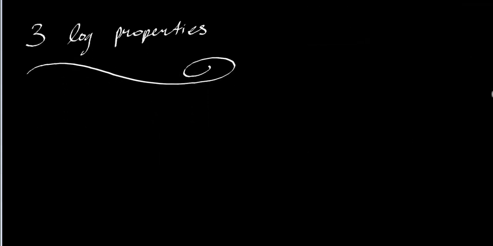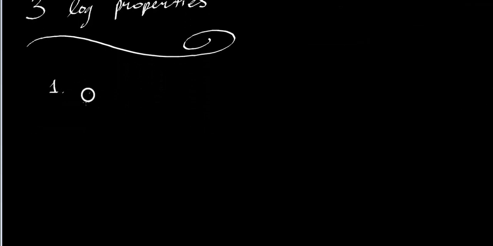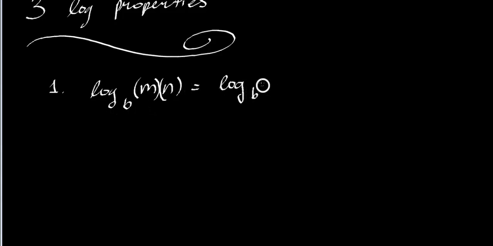Alright. Number 1. If you have a log base b of m n, where these are two things being multiplied together under the same base, this is the same thing as writing log base b of one of these things, because this is a two-piece kind of function.